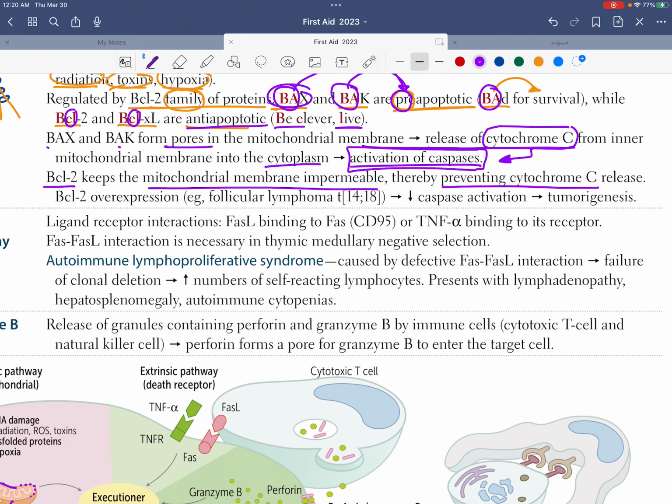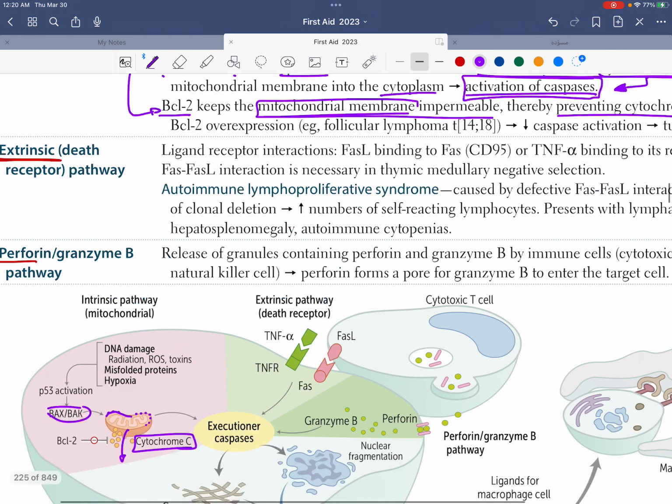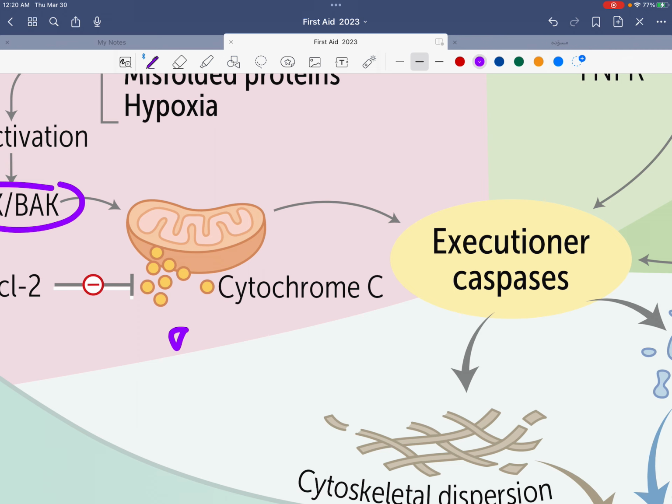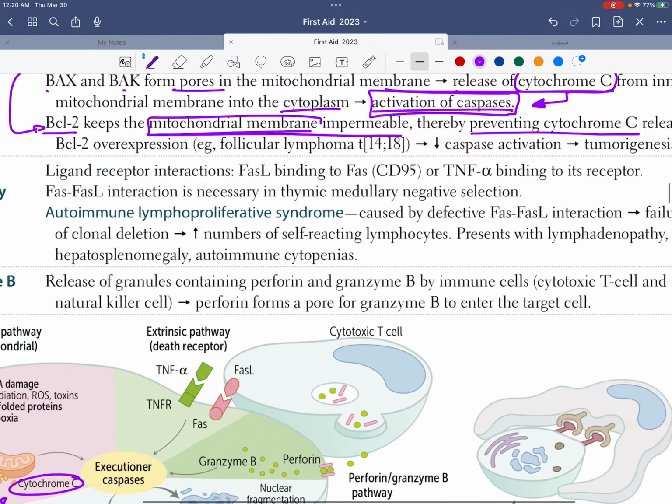We talked about BCL2 and BCL-XL being clever and trying to keep the cell alive. They do so by protecting the mitochondrial membrane, by not allowing the mitochondria to have pores. No, that's not allowed. And if there are no pores, we don't have cytochrome C going from the mitochondria to the outside.